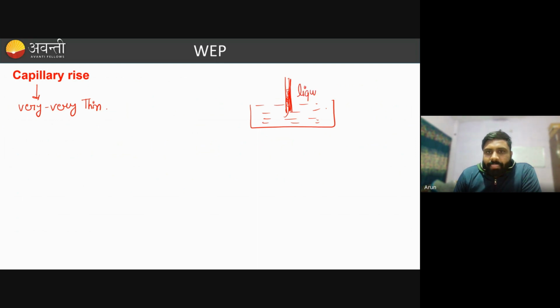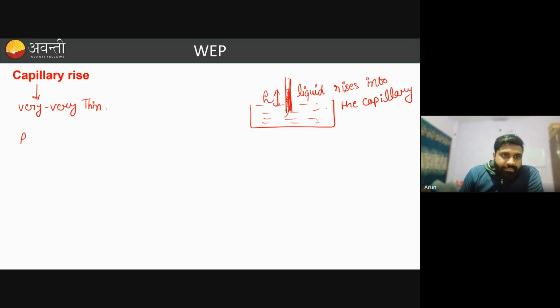The liquid rises into the capillary. Let's say the height is h.